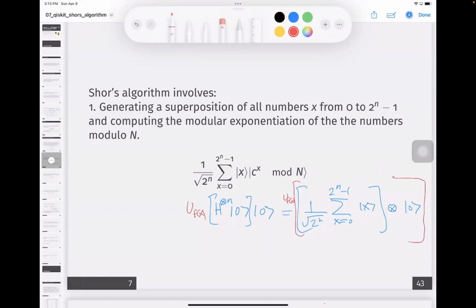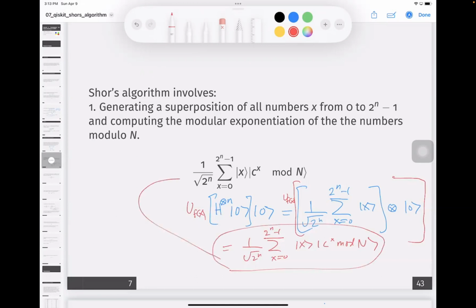It will result in 1 over square root of 2 to the n, summation x equals 0 to 2 to the n minus 1. x will stay the same, but 0 will then become c to the x modulo n, which is nothing but this one here.